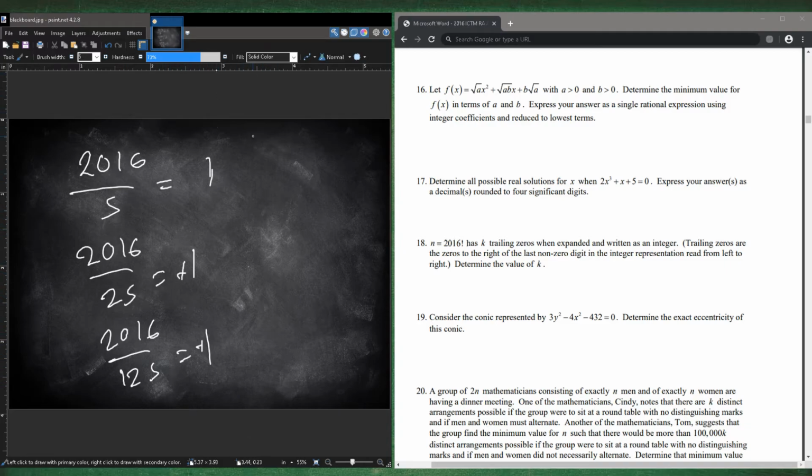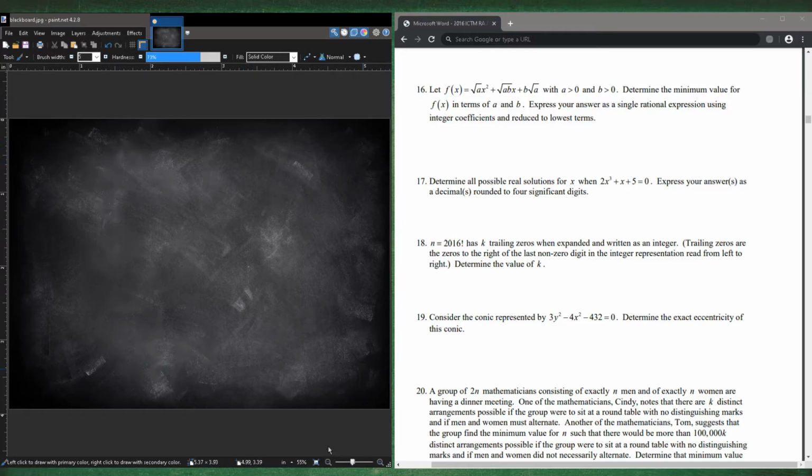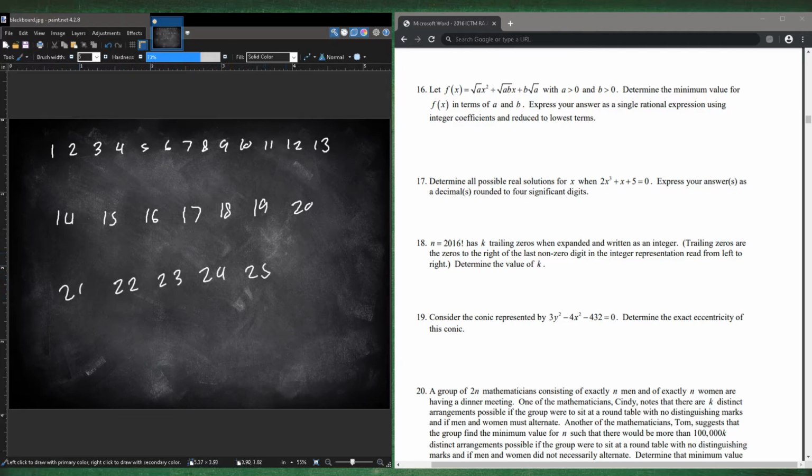So how it works is kind of weird because I need to draw out every single number. So it's 1, 2, 3, 4, 5, 6, 7, 8, 9, 10, 11, 12, 13, 14, 15, 16, 17, 18, 19, 20, 21, 22, 23, 24, 25. I'm not going to write any more because that's the minimum I need.